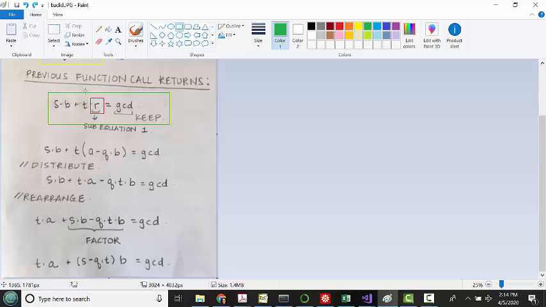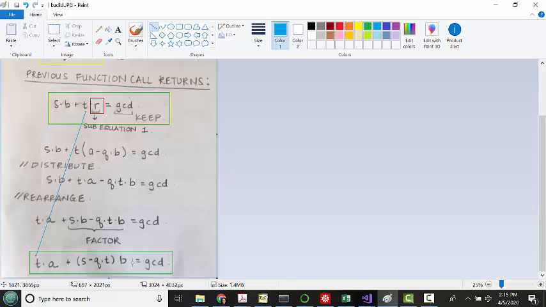So from the combination of these two equations, I've now gotten something right here that matches what I had up here. GCD is equal to some coefficient times a plus some coefficient times b. And our new coefficient on the first term is just exactly what this coefficient was right here. So this t has just moved over to be the coefficient here.